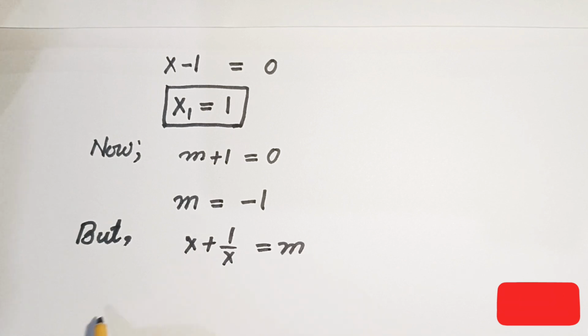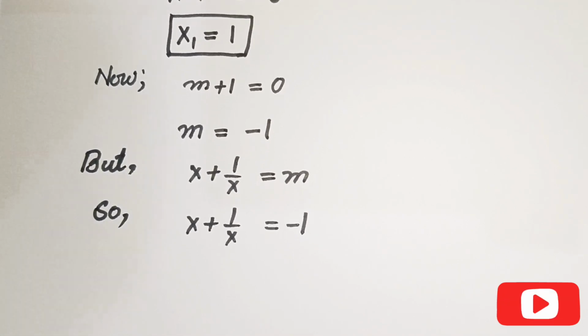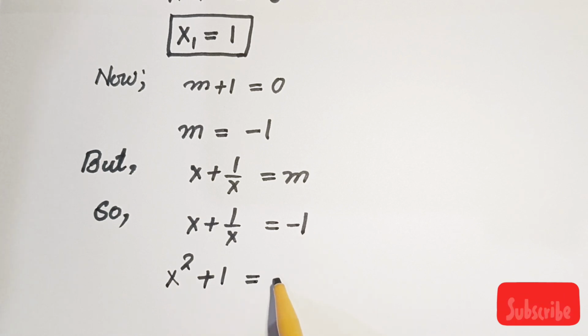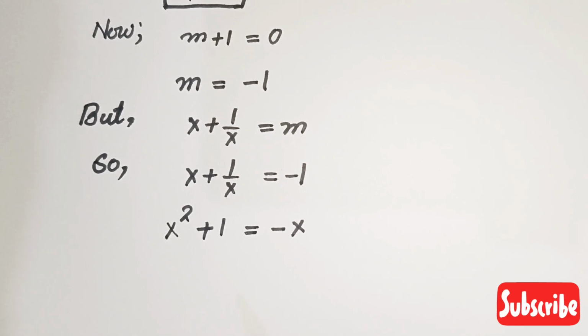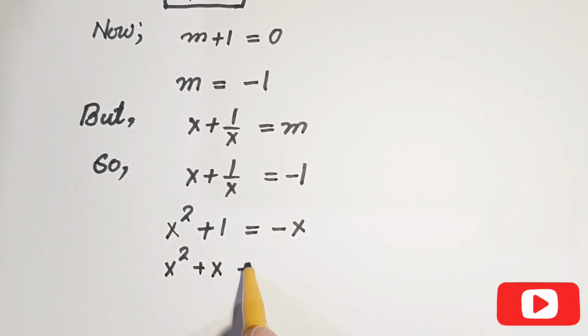So putting that here, we have x plus 1 over x is equal to minus 1. Now multiplying this x with each term, we get x squared plus 1 is equal to minus x. By shifting minus x to our left hand side, x squared plus x plus 1 is equal to 0.